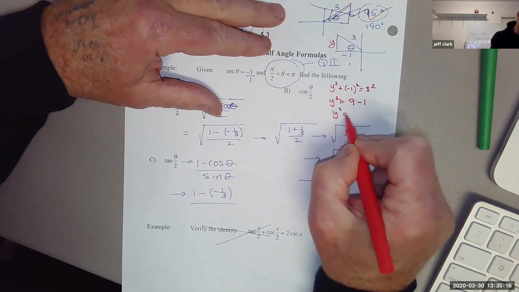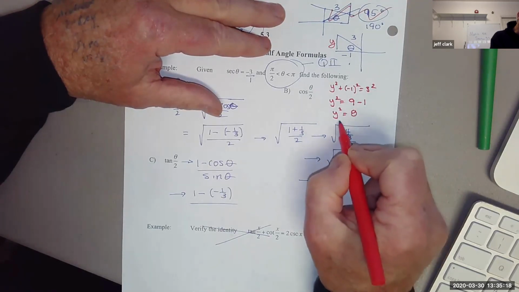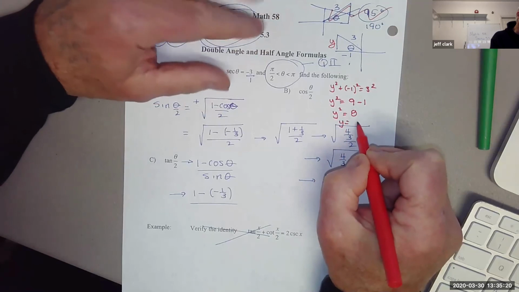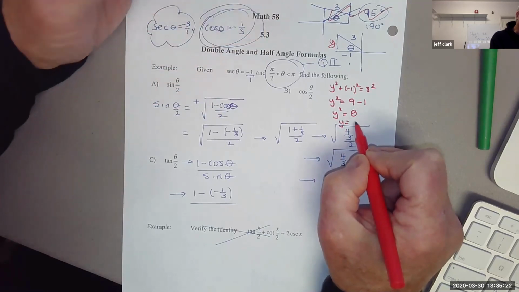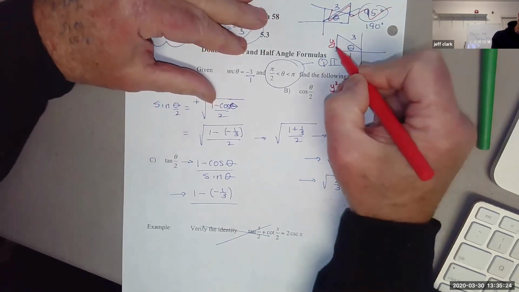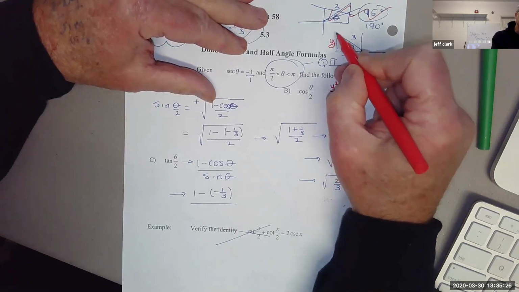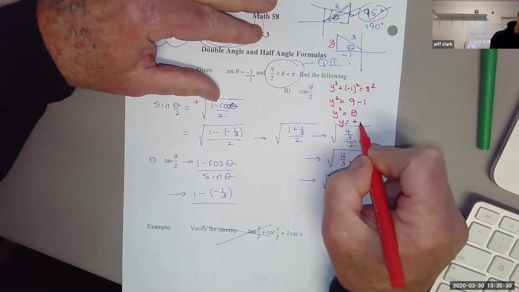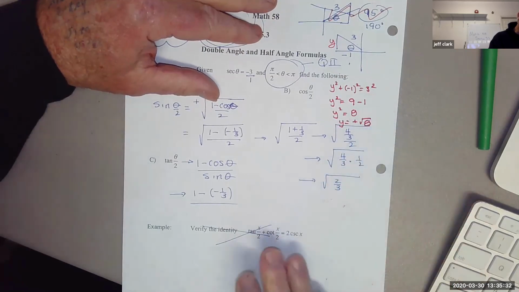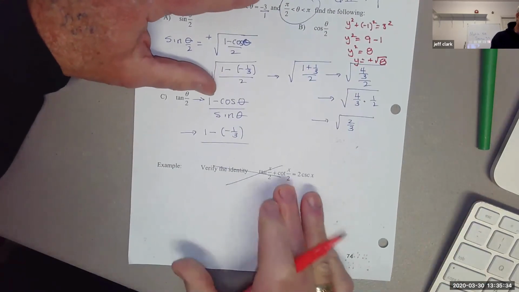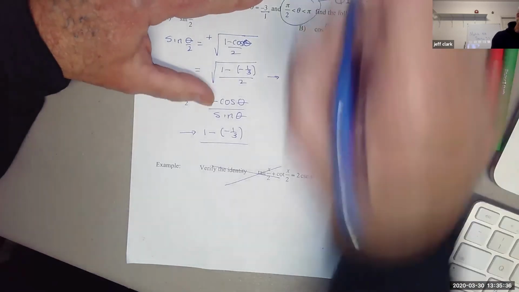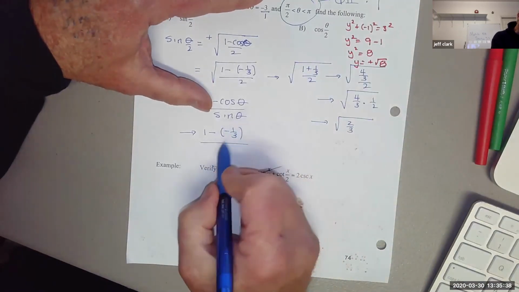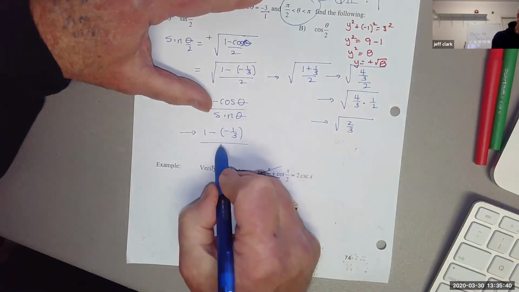Y squared is equal to 8. So y is equal to the square root of 8. So it's plus or minus. Gosh, y is up here, so it's got to be positive root 8, which is 2 root 2. So right here, sine of theta is root 8.